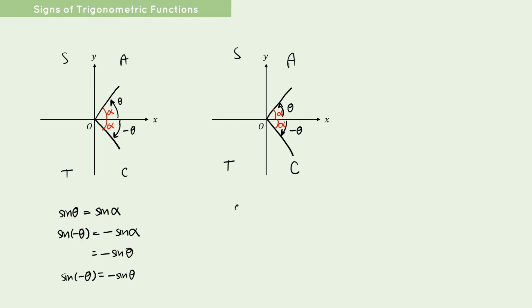So cos theta will equal cos alpha, since both are acute. Cos negative theta is the same as cosine alpha, which is the same as cosine theta. So interestingly, we have cosine negative theta equals cosine theta.